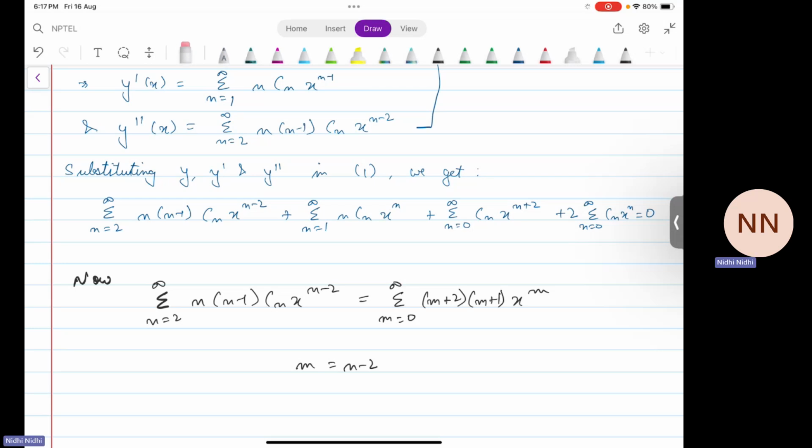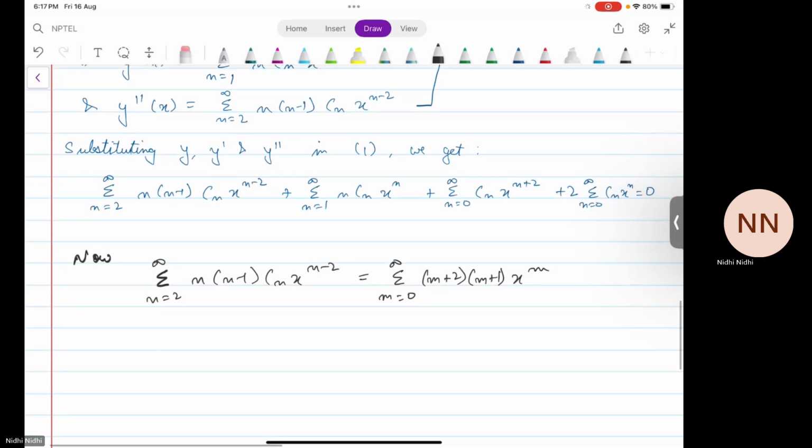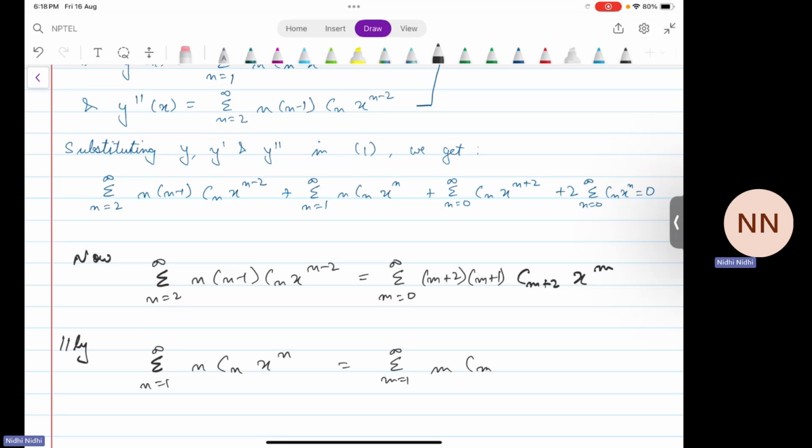Similarly, we have c also, so c m plus 2 x to the power m. Similarly, the summation n from 1 to infinity of n cn x to the power n can be written as the summation m from 1 to infinity of m cm x to the power m.